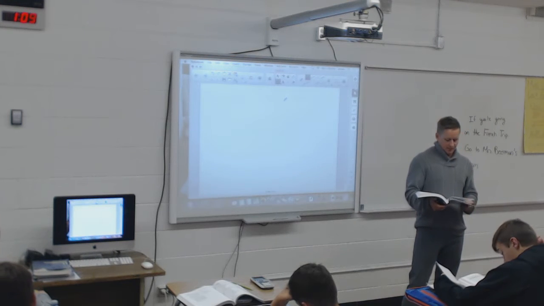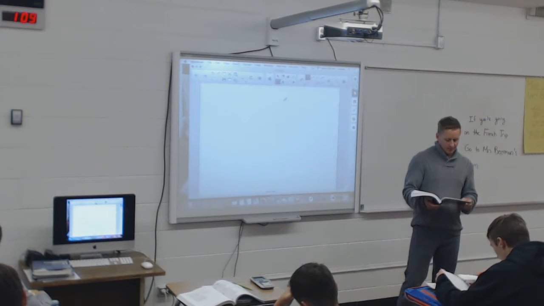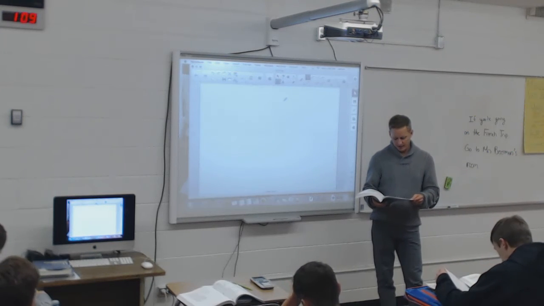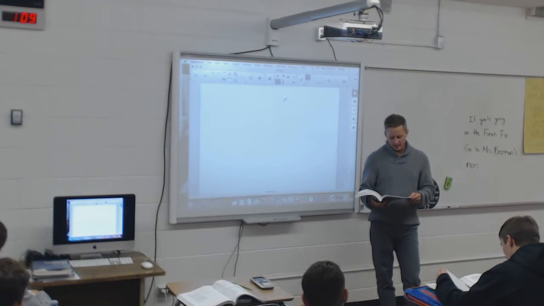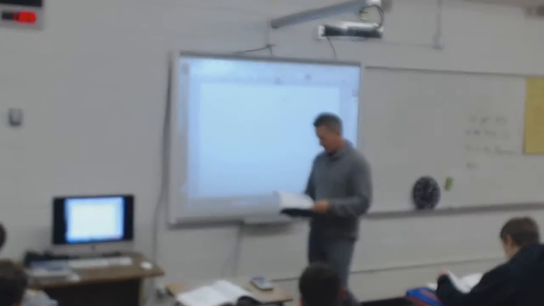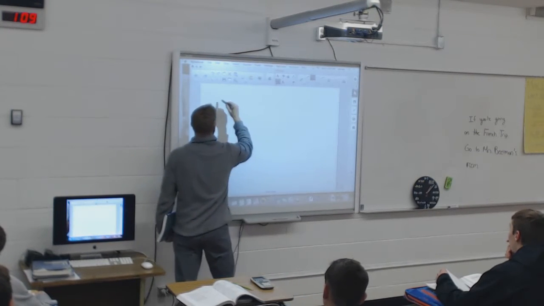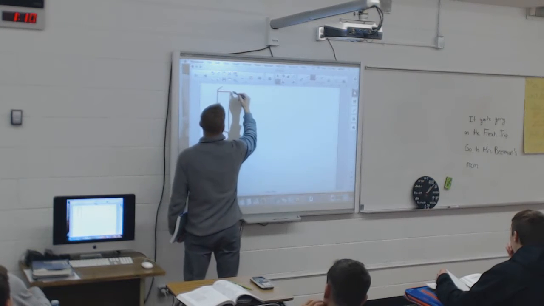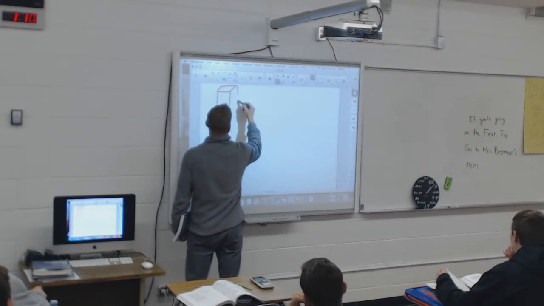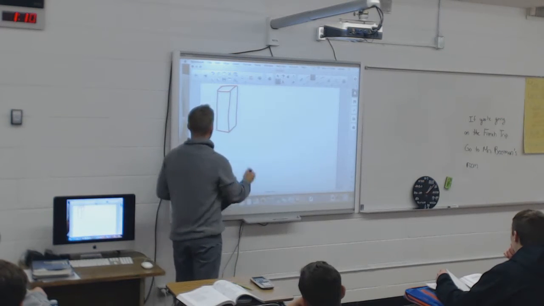So for a friend's birthday, Sam plans to wrap the door of her locker with wrapping paper and fill the locker with balloons. The dimensions of the locker are shown. How much wrapping paper will he need to cover the door? Okay, so I've got a locker.